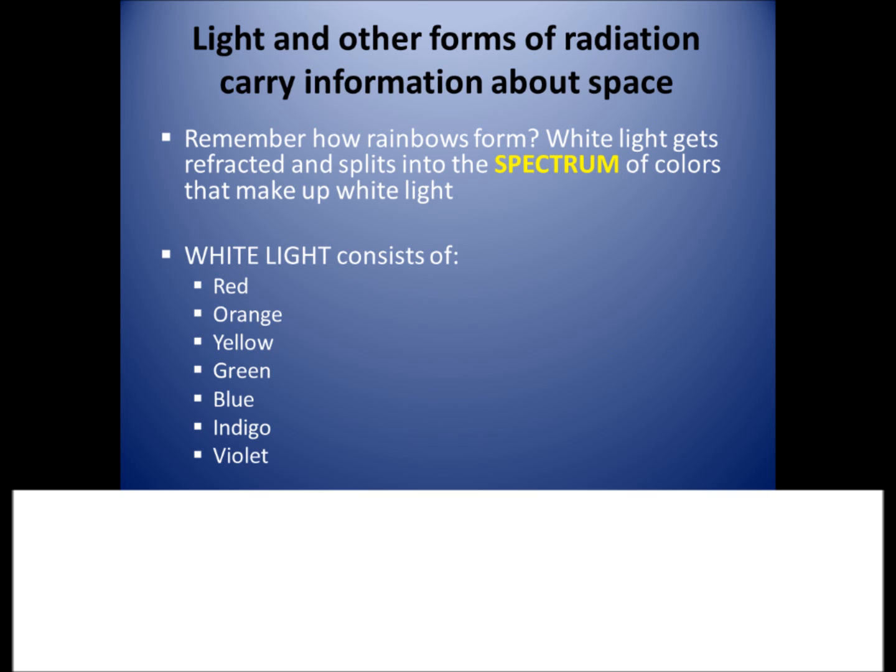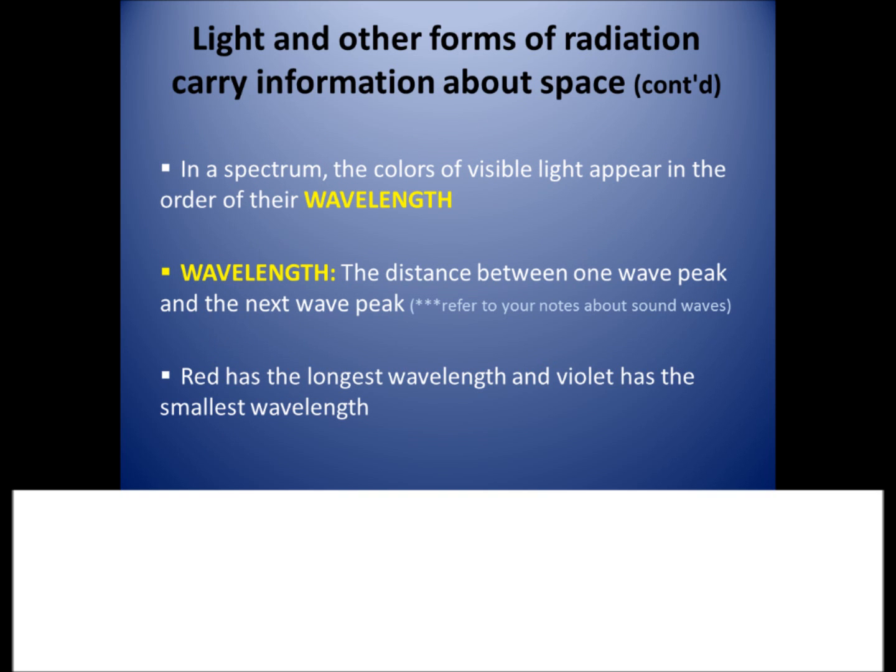In this spectrum, the colors of visible light appear in the order of their wavelength. Remember, wavelength is the distance between one wave peak and the next wave peak. You can see that red is the top color and has the longest wavelength, whereas violet is the bottom color and has the smallest wavelength.